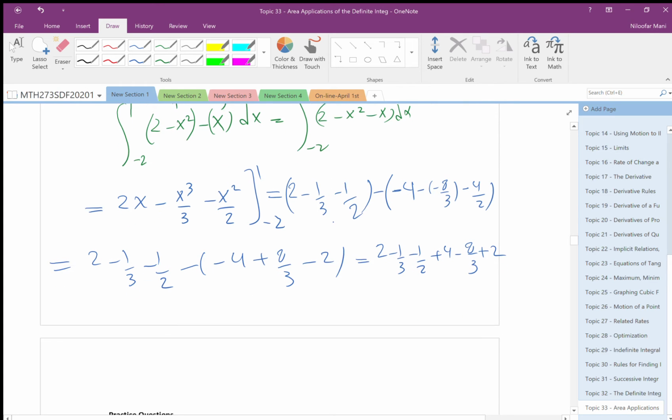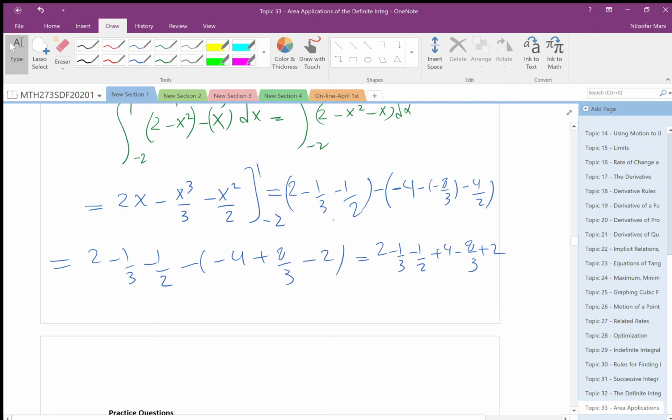Which is this and this and this are 8. So this and this is minus 9 over 3, which is 3, minus 1 over 2, which is half. So it's 8 minus 3 minus half, which is 4.5. So 4.5 what?